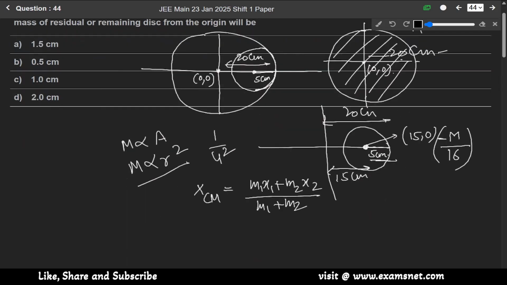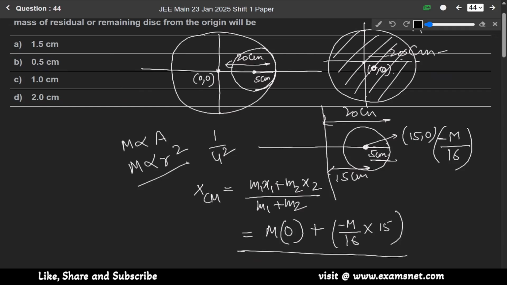Now m1 is capital M, and x1, since the center coordinates are 0 comma 0 origin coordinates, will be 0, plus m2, which is minus m over 16, into x2, which is 15 comma 0, over m1 plus m2, meaning m minus m over 16.